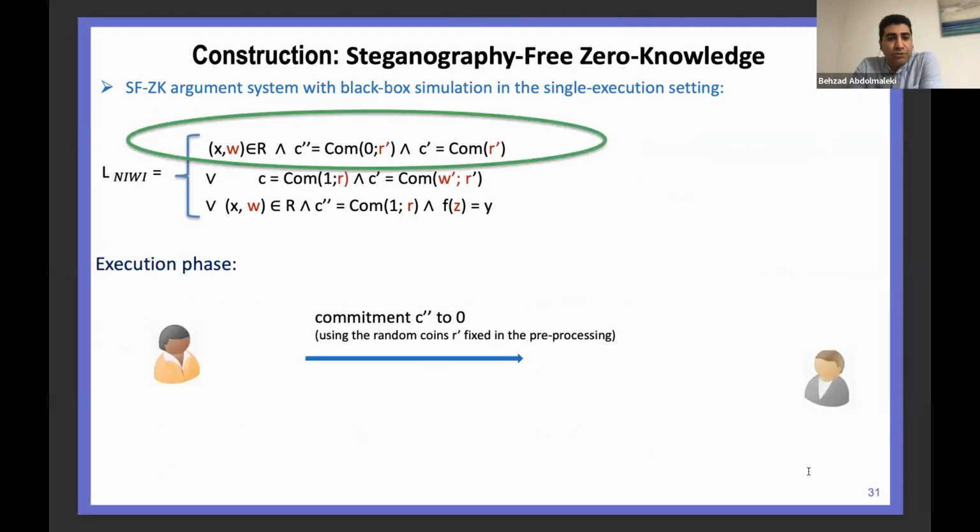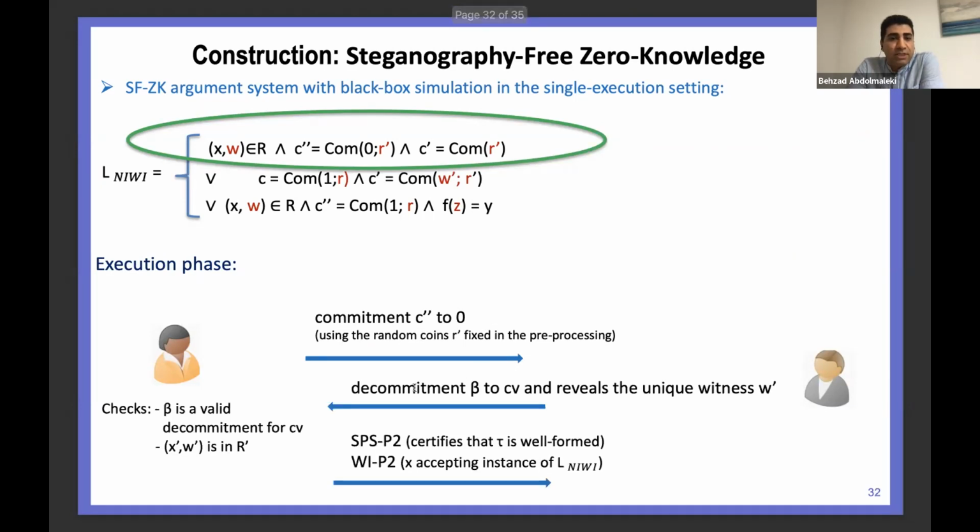Now in the execution phase, the prover first commits to some message 0 by using the random coin R prime, which was already fixed in the pre-processing phase. And after getting the decommitment values from the verifier, which contain beta and the unique witness W prime that the verifier already committed to in the pre-processing phase, the prover first checks their validity.